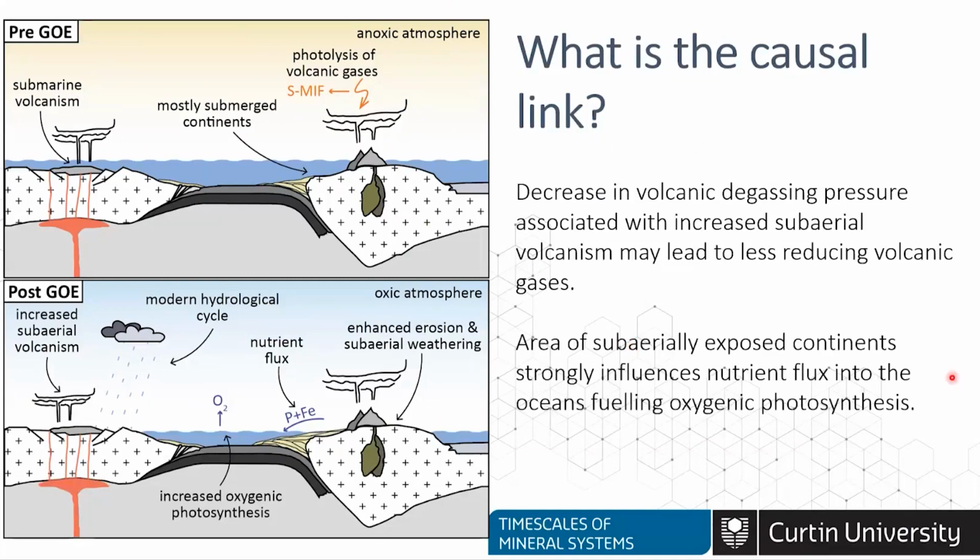Also, an increase in subaerial weathering and erosion would also affect the nutrient cycle and would lead to an influx of nutrients from the continents, the emerged continents, into the oceans, especially phosphorus, which then could fuel oxygenic photosynthesis and therefore increase primary production. So that is it.